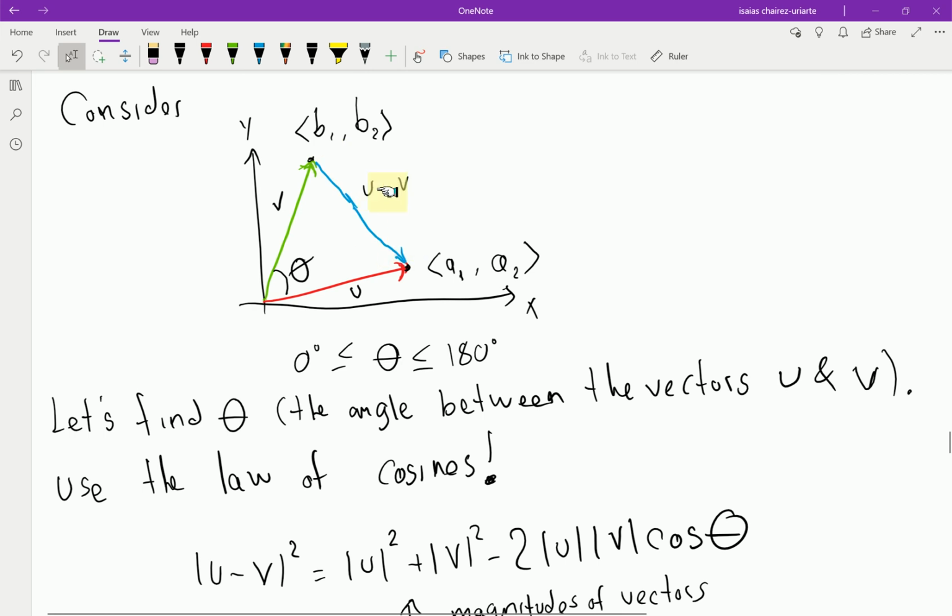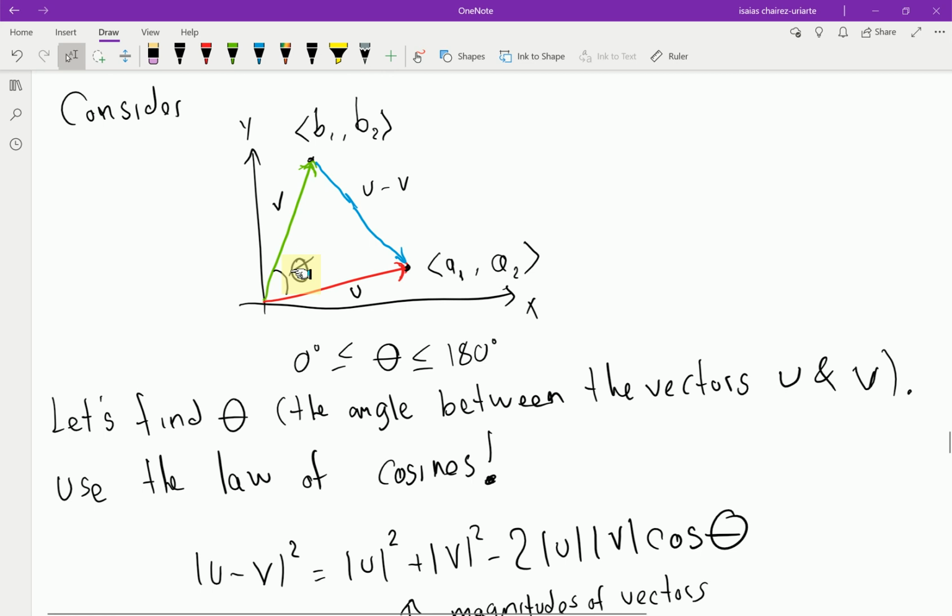It's just its magnitude. So I know the lengths of this triangle. I need to find this angle right here between these two vectors. The tool that we're going to need here is the law of cosines. The law of cosines is going to be helpful to determine this angle theta.